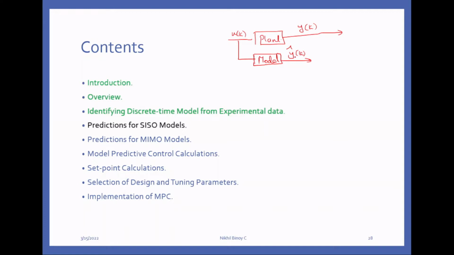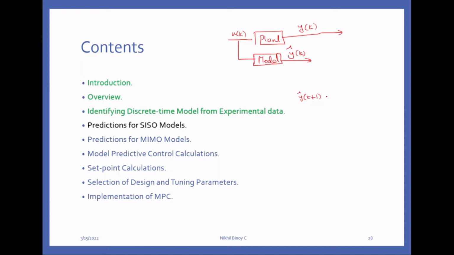Actually, there is no need to predict the current value, that is already available. We have to predict the next values. So, for example, if k is the current instant, then we have to predict y cap of k plus 1. Y is a small letter, and k plus 1 means we are predicting the next value of output. It is known as one step ahead prediction.